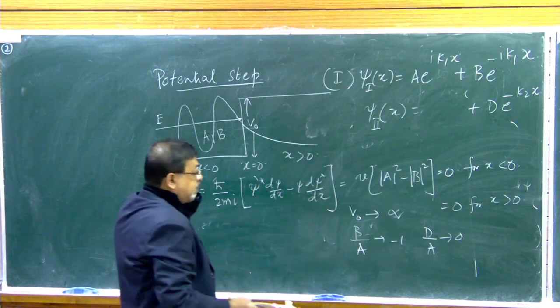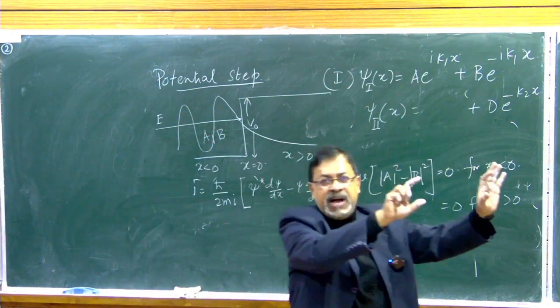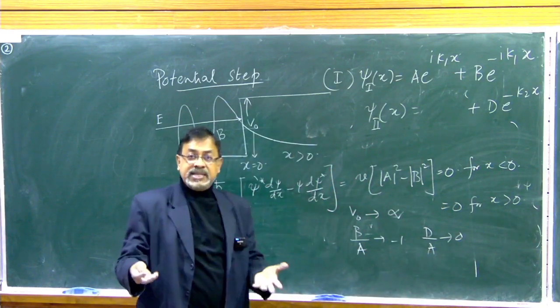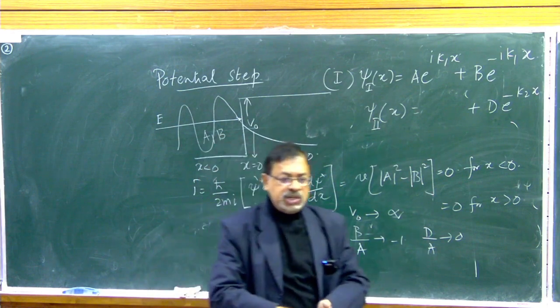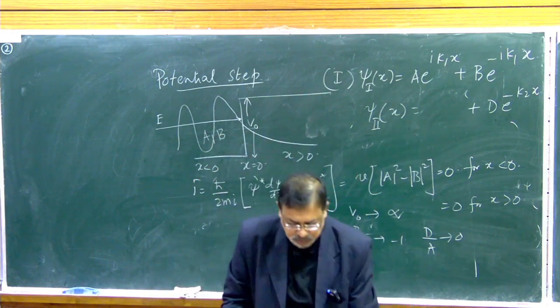And if that happens, you can understand the entire incident wave will be reflected back and there will be no transmission, which makes sense. If you make the potential discontinuity infinitely large, the particle can never go through.